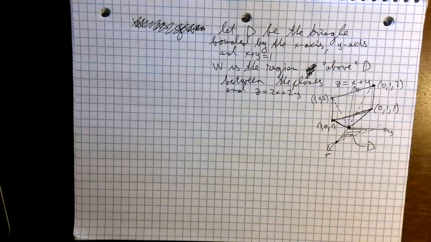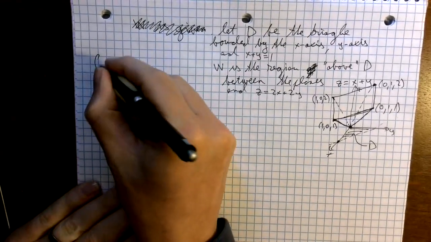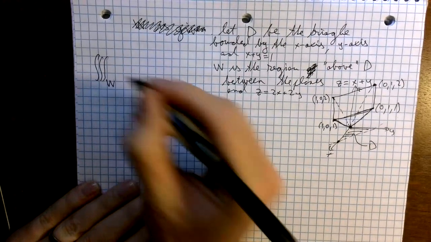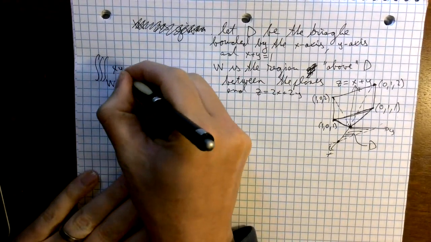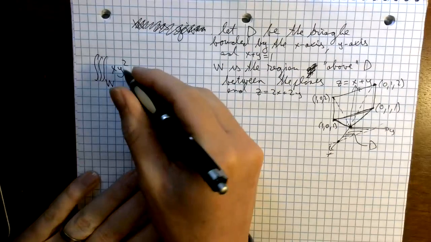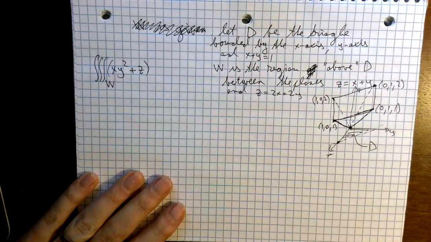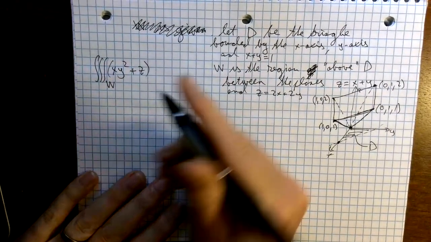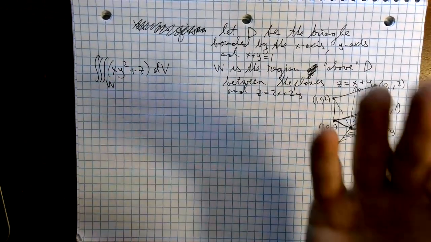Okay, so let's integrate. How would one integrate the following? I think it's over W. Let's do x y squared. Let's do something more complicated, maybe less complicated in some way. Let's just take some random function, dV. How would we integrate this?